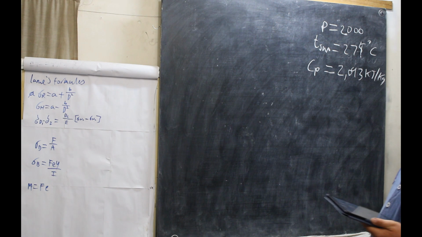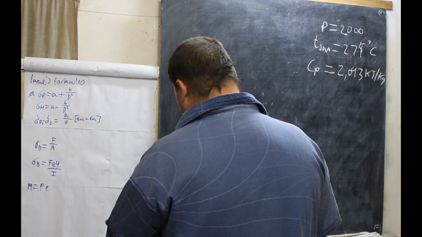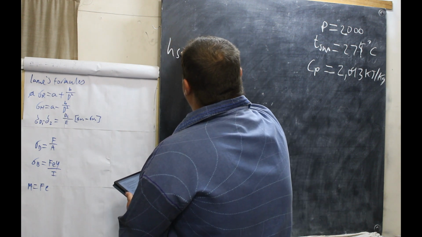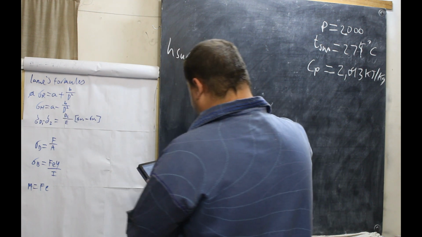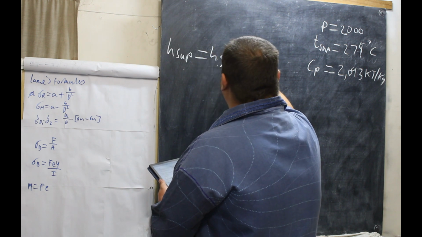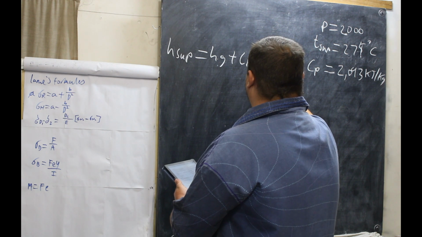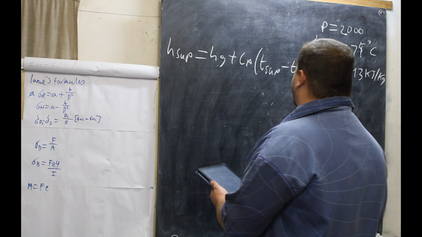Alright, now our formula will be, now they've asked us to determine the specific enthalpy. So we're looking for H sup, which is equal to Hg plus Cp times T sup minus Ts.